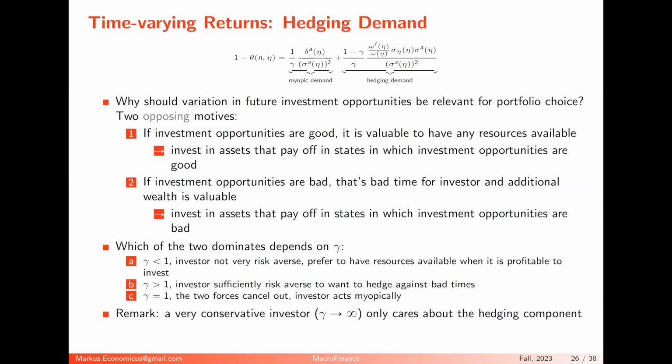So you should think about this hedging demand this way: I have a risky asset, it pays off. It matters not only what my marginal utility is in that state, it's also how my investment opportunity co-moves with that. Of course, you might say most models I've been taught use log utility, so it doesn't matter. But it's important to know this.